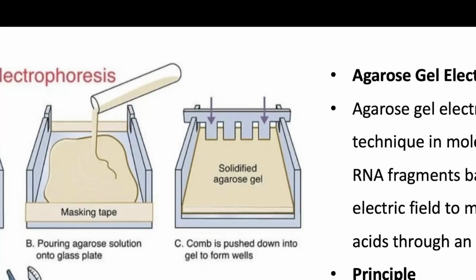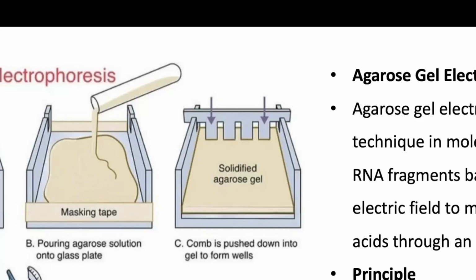And in the meanwhile, a mixture of DNA can be resolved depending on the molecular size or the base pairs. The number of base pairs the DNA has determines the molecular size. So after loading into the wells, we run it in an electric field, and then the DNA or RNA can resolve itself. Now the principle is DNA and RNA are negatively charged due to their phosphate backbone.